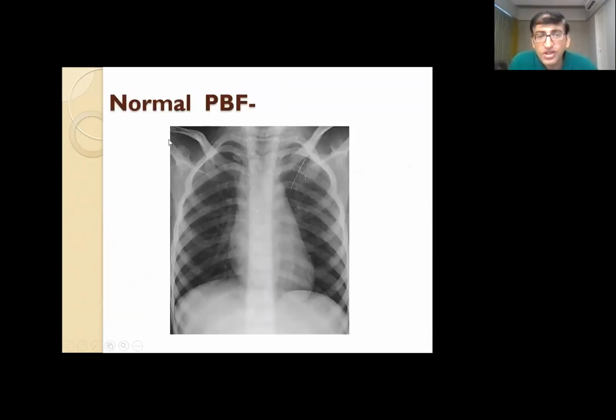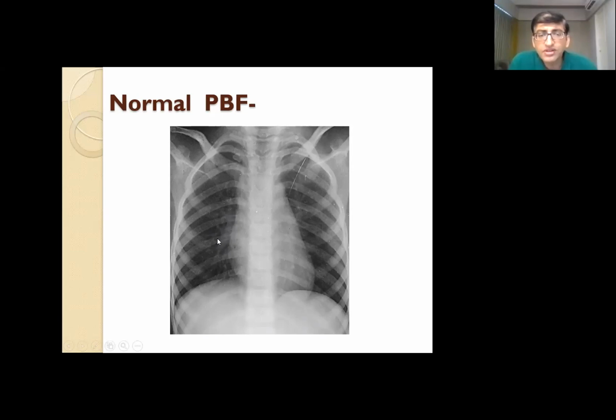If you see a normal chest X-ray, the CT ratio is important. A CT ratio of 0.5 is considered to be normal. Anything more than 0.5 is considered cardiomegaly. What we can see is a small vascular structure over here. This small vascular structure is the right pulmonary artery. Can everybody see my arrow?